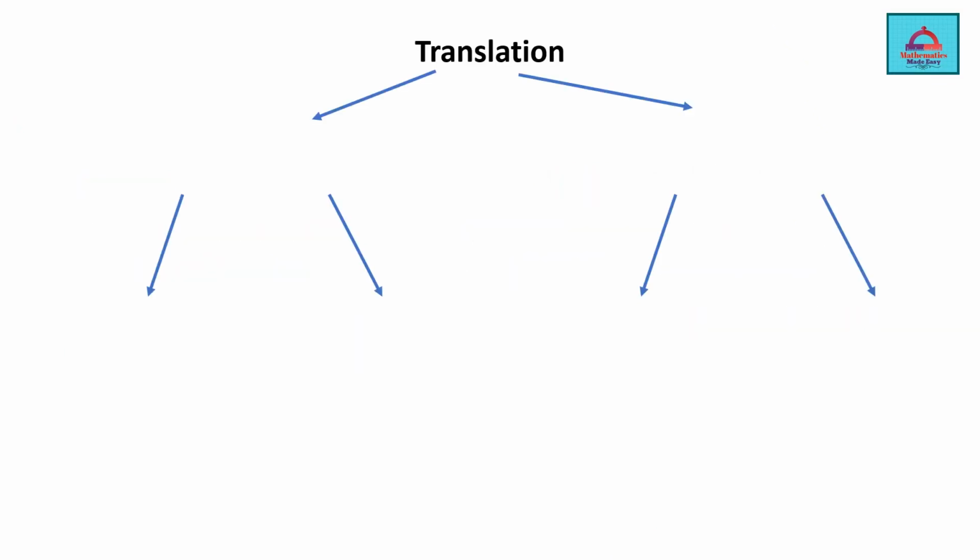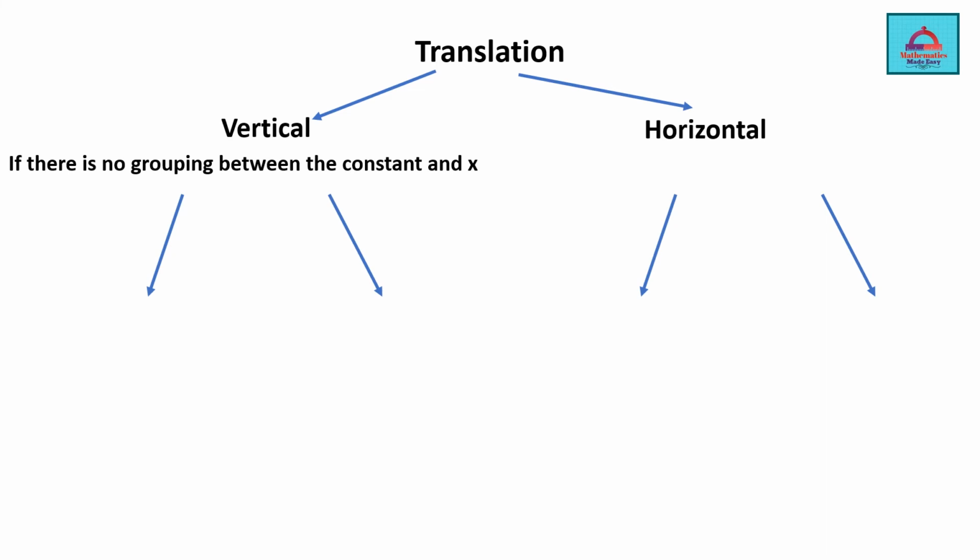Let's have a look at this flow chart of translations. There are two types of translations, vertical and horizontal. In vertical, there is no grouping between the constant and x, so your k is outside the x. If there is grouping between the constant and the x, like x minus h, then you have horizontal.